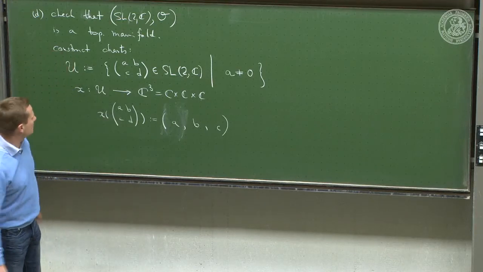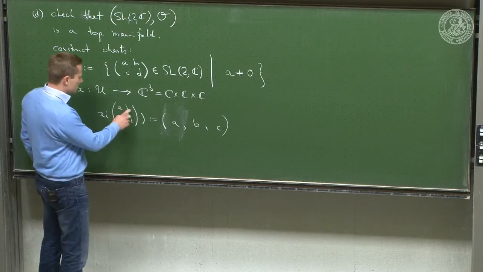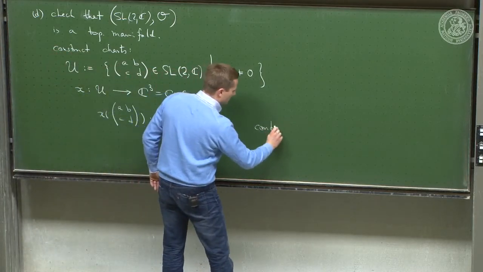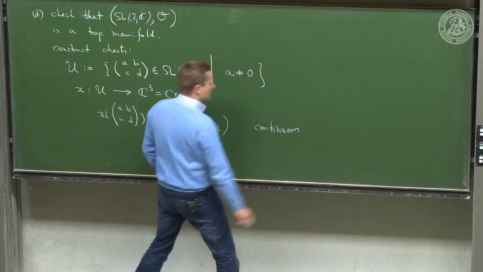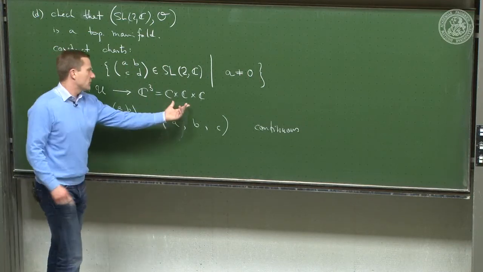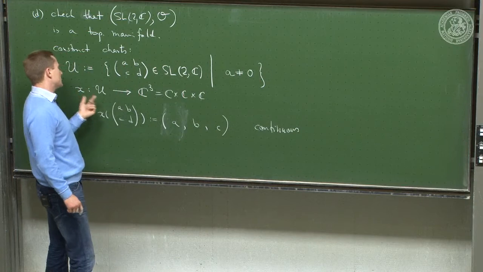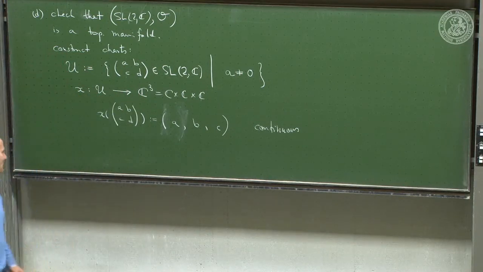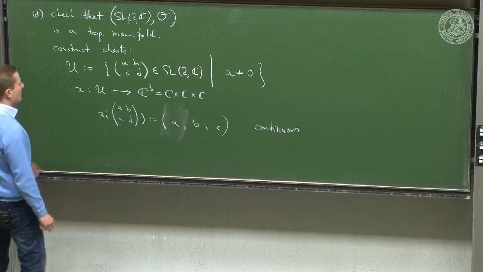Yes, in that topology we constructed, it's continuous. What you need to check is whether the pre-images of open sets under this map are open. This is the case. It's very trivial. Okay, this is continuous. Now, that's not enough.